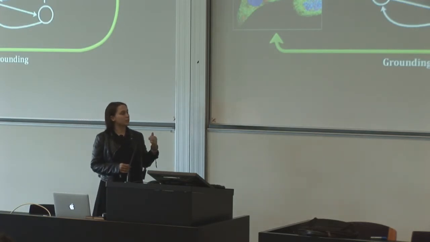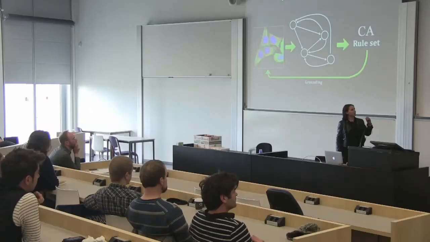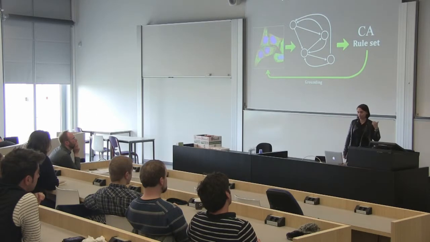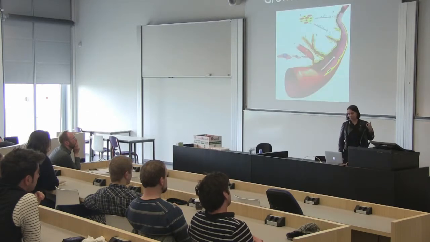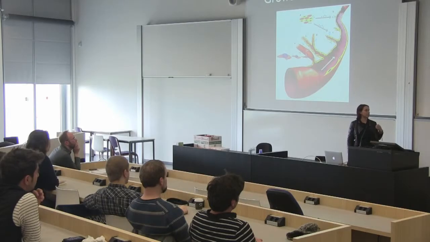So the CA rules are grounded in the literature. So we know that the cellular automaton model will actually represent the actual cell signals. So what we need to simulate in angiogenesis is the branching of veins. So when smaller veins are growing from a bigger one, and also just the growth of veins.